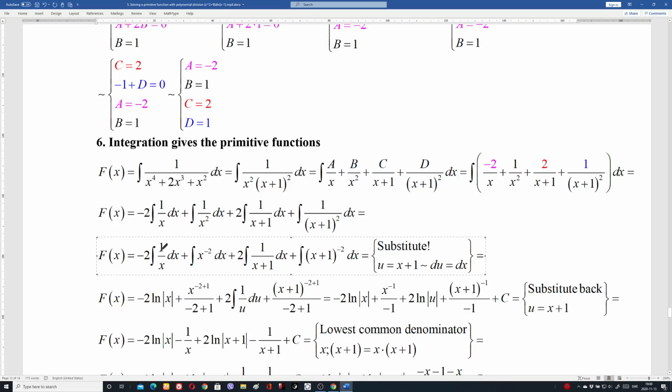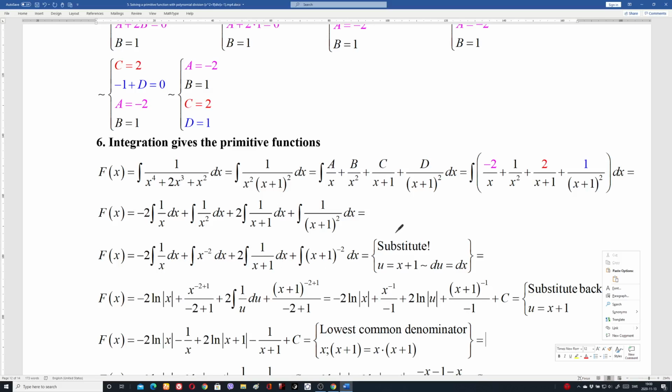The integral of 1 divided by x is ln x. And this one here gives x power minus 2 plus 1, divided by minus 1 plus 1. Okay?